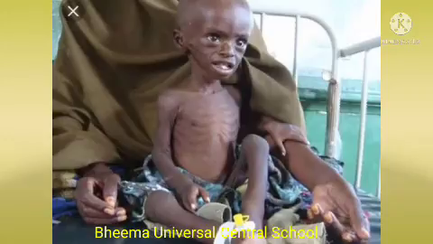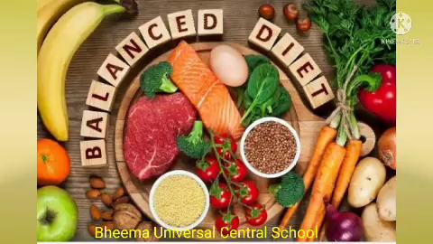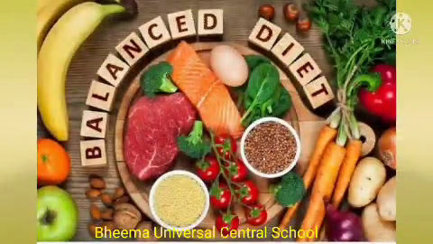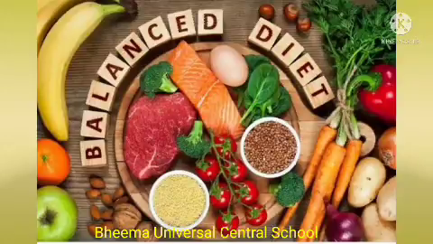A child suffering from marasmus may have some symptoms: very thin, slow body growth, prominent ribs, loss of appetite, lack of energy, mental retardation, poor muscle development and weak legs. All this happens due to deficiency of both carbohydrates and proteins.